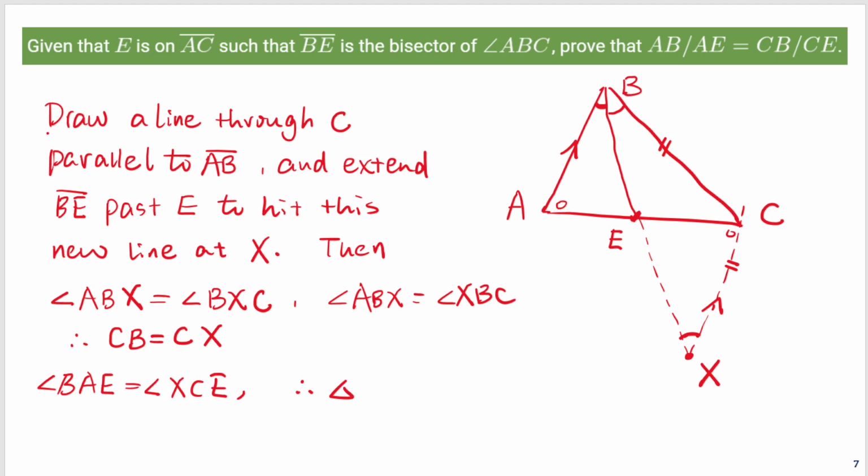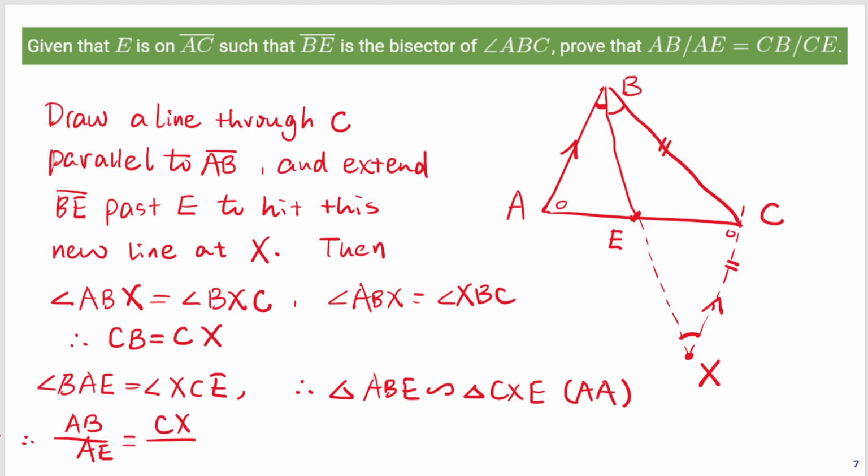Then we have triangle ABE must be similar to triangle CXE, according to AA similarity, right? Can you follow me? Therefore, corresponding sides must be proportional. Therefore, we know AB over AE must equal CX over CE.